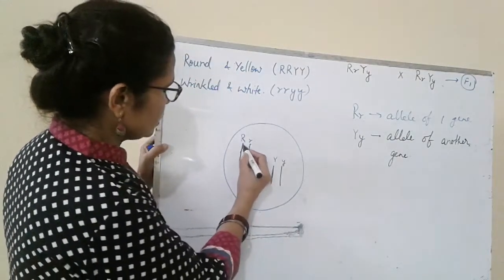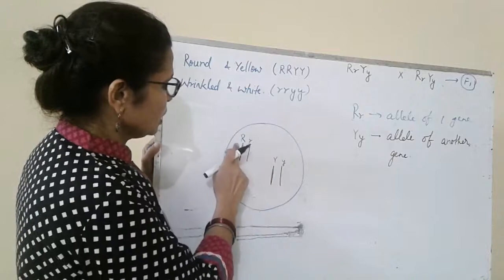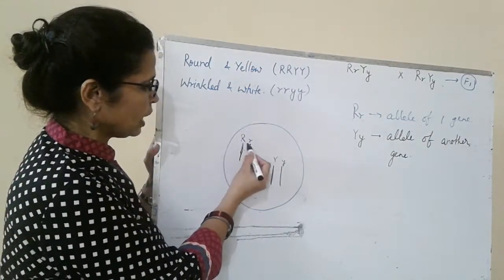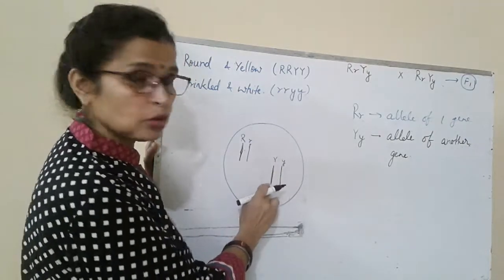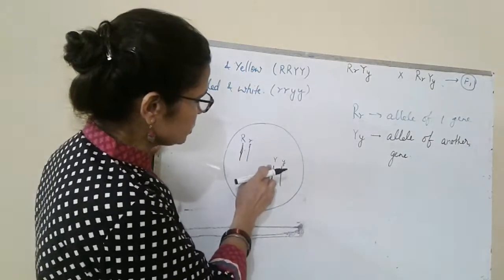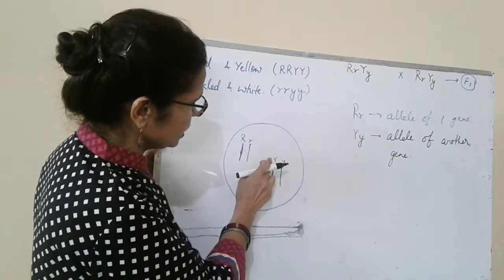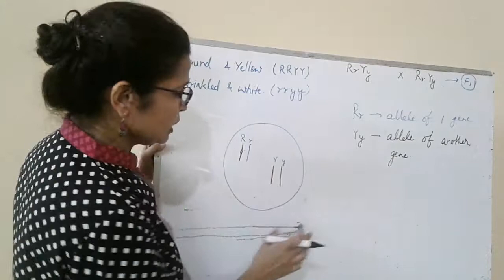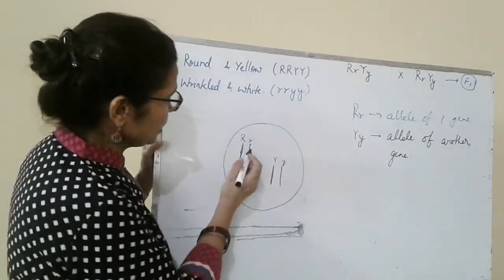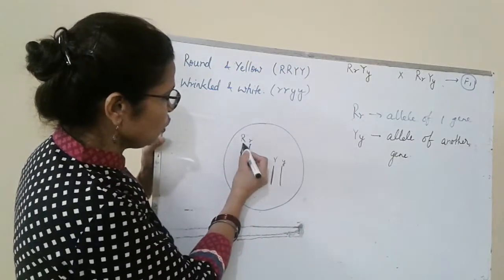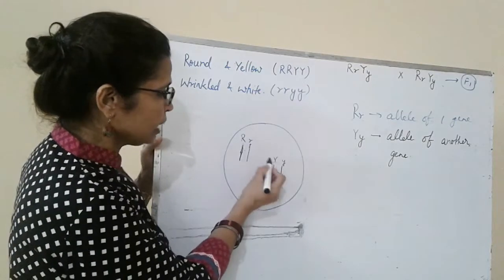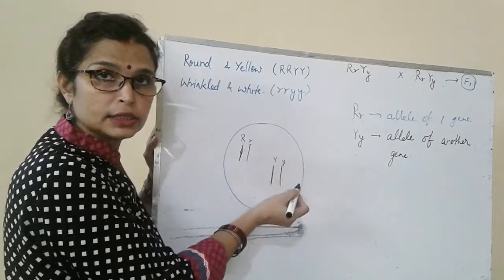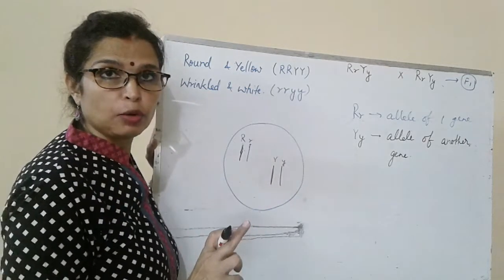So on this homologous chromosome, the one gene has 2 different types of alleles, capital R, small r, and on another homologous chromosome, the next gene has 2 different types of alleles, capital Y, small y. So after getting the phenotypic ratio, Mendel concluded that the allele of one gene can assort or can go with the allele of another gene during gamete formation.